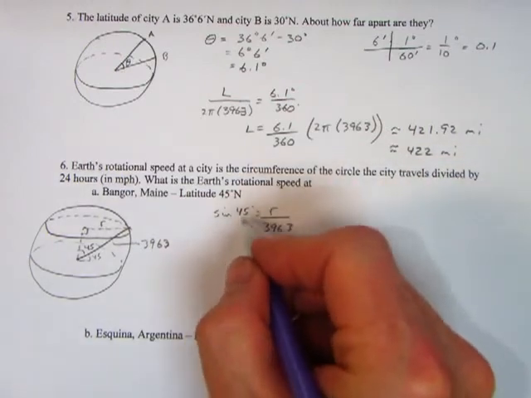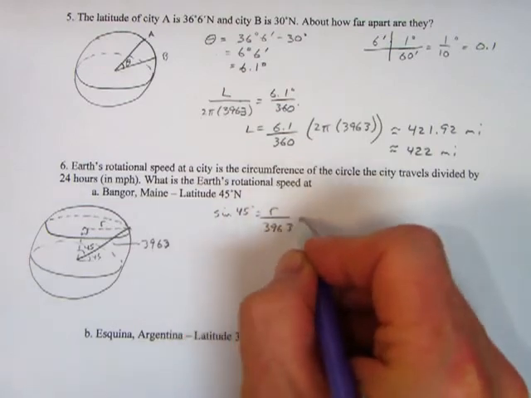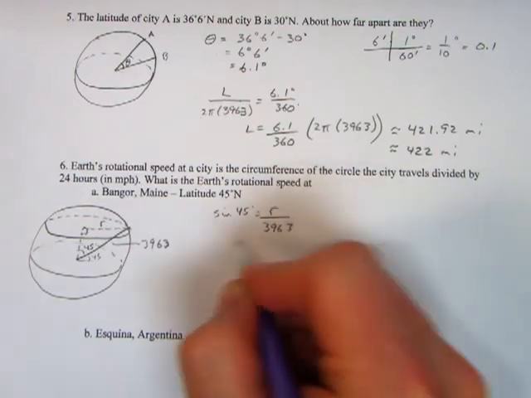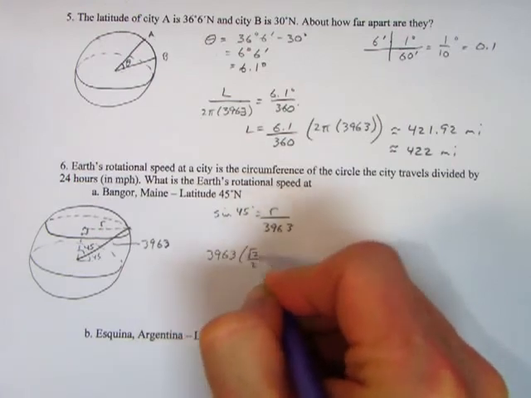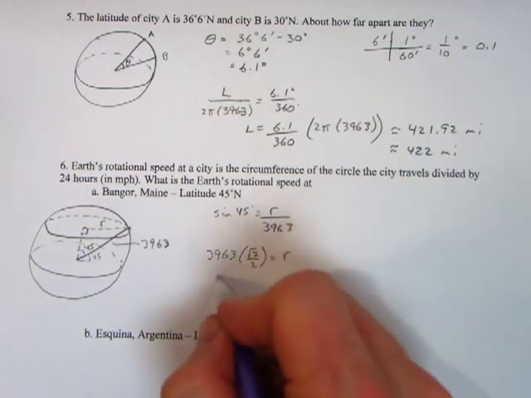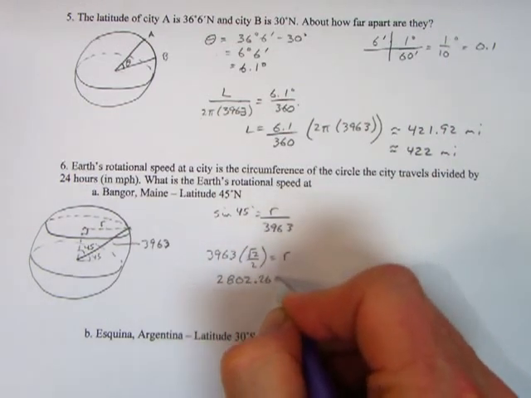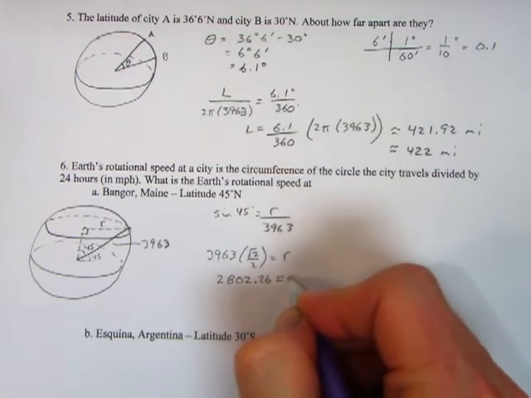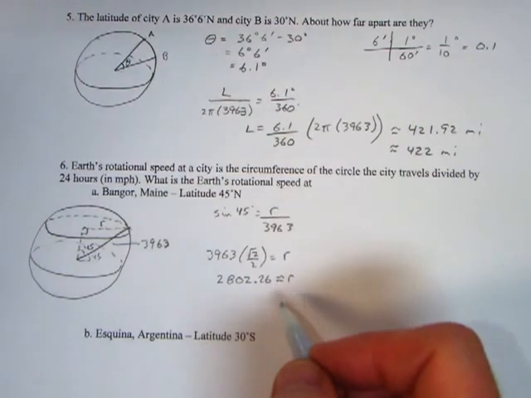Now, what is the sine of 45 degrees? We know that's square root of 2 over 2, and we're going to multiply both sides by 3963, so we'll have 3963 times the square root of 2 over 2, and that's going to be my radius, and that is approximately 2,802.26 miles.